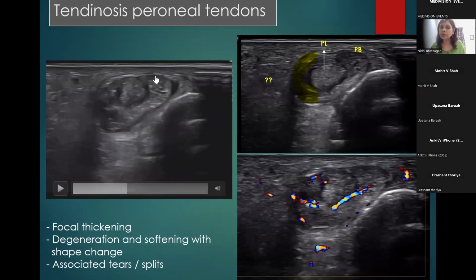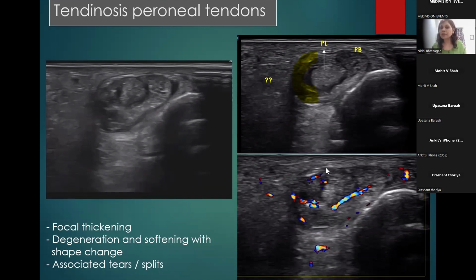That forms the base. This echogenic structure is, of course, the SPR of the fibro-osseous canal, but this triangular echogenic structure that you see, which attaches the SPR to the fibular styloid, is what we call the fibrocartilaginous ridge. And this is one of the very important components when we are dealing with the tears of the SPR and the dislocations of the tendons.